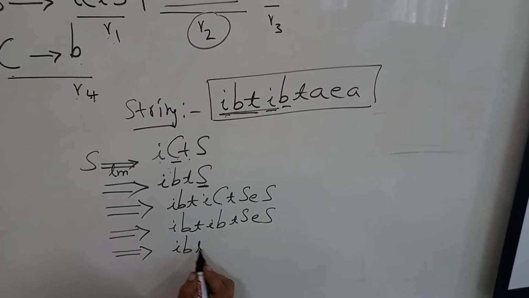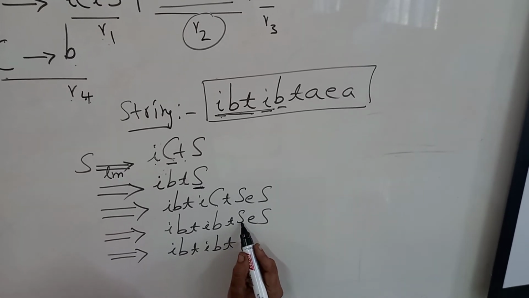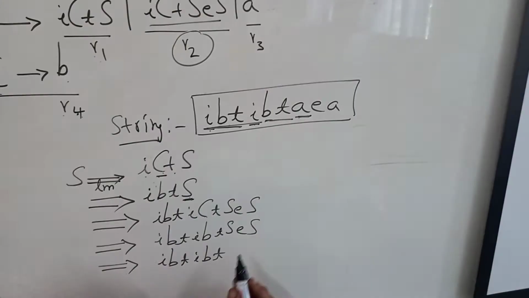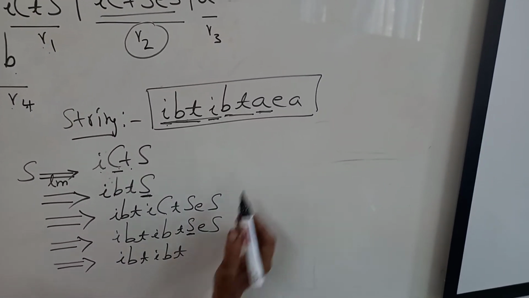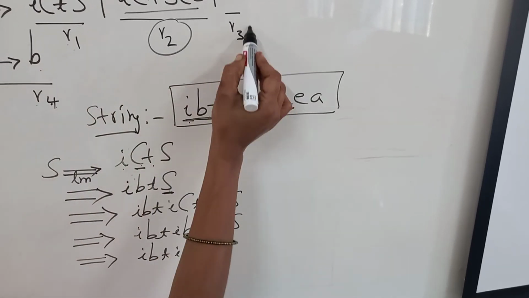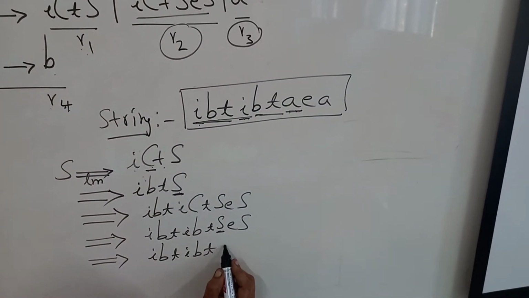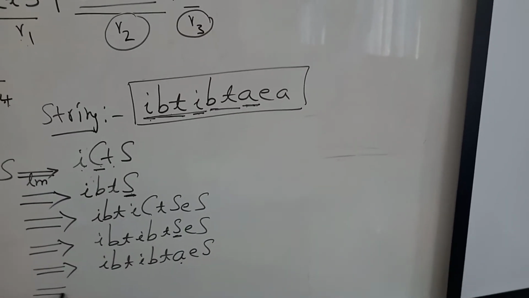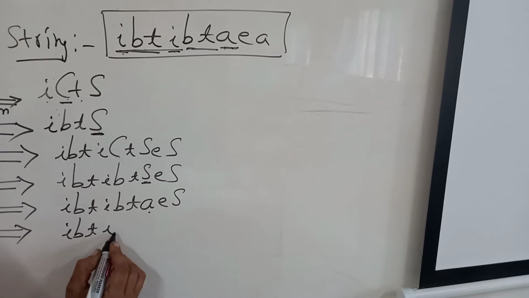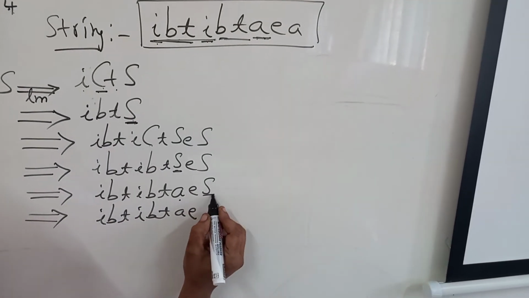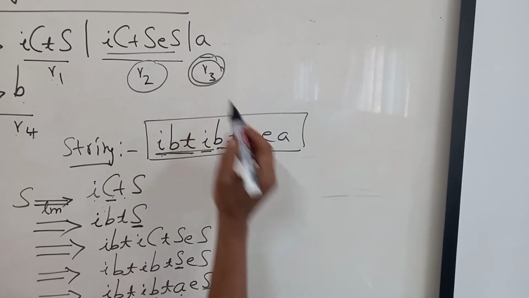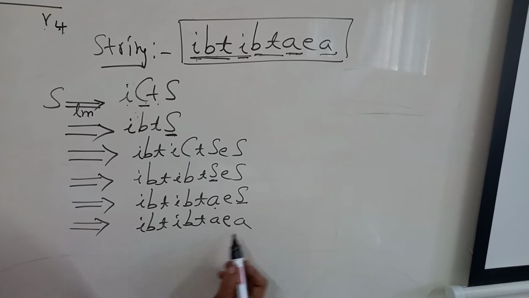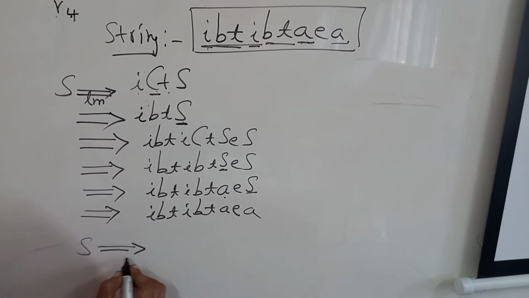Now ibti is obtained, and next I should get a. The non-terminal S is there, so for S I apply rule 3, replacing this S with a, and the rest is retained. Then ae, and the remaining non-terminal is replaced with rule 3 to get a. Now by using the leftmost derivation I got the string.